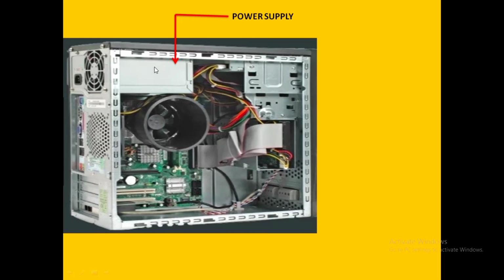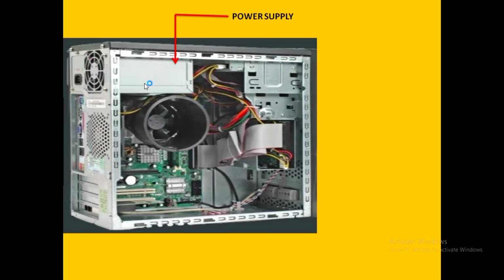The power supply changes the electricity into a form which can be used by the different parts of the computer. If the computer used that high voltage power, the parts would not work, but would get damaged. So the power supply box turns the electricity into a form which can be used by the different parts of the CPU.